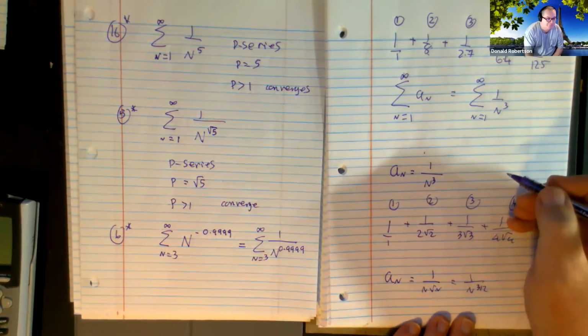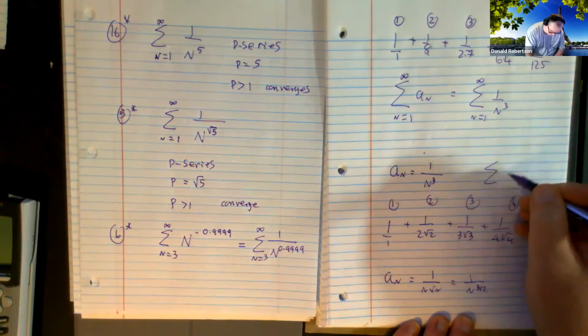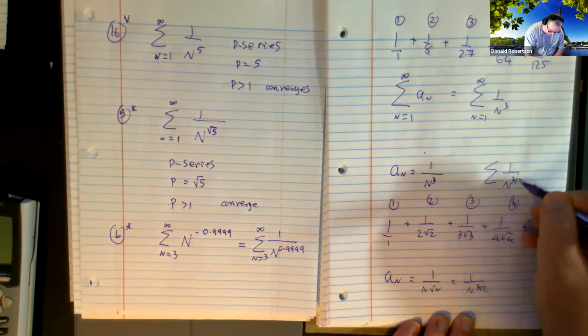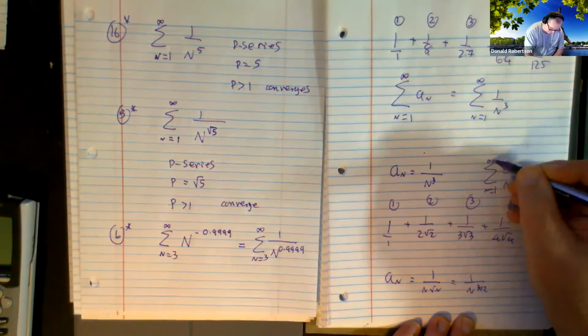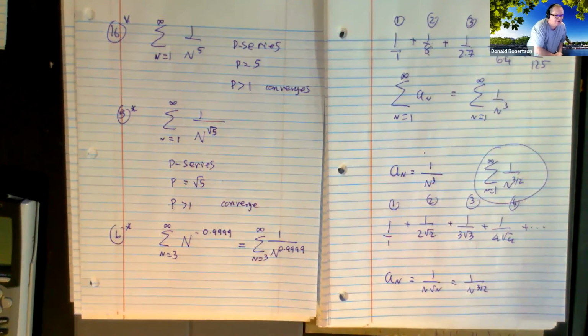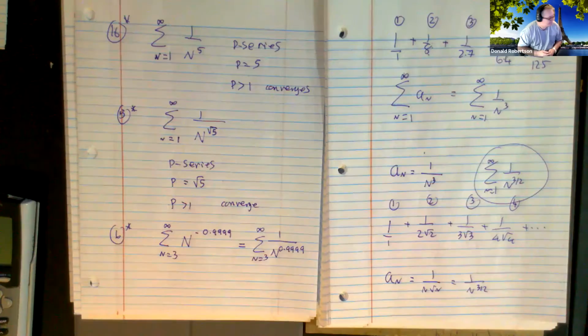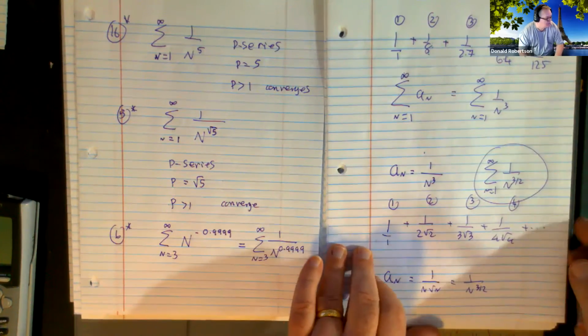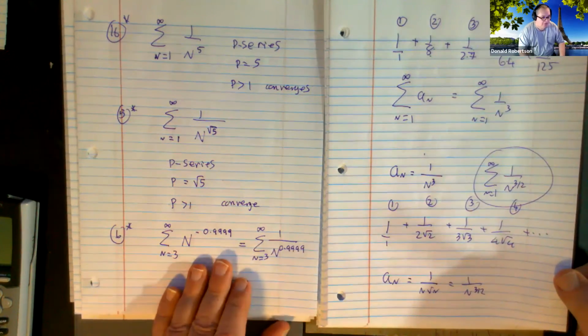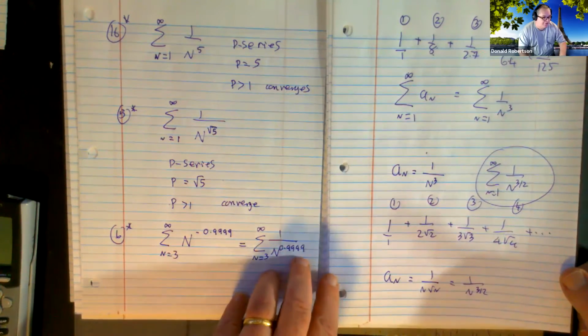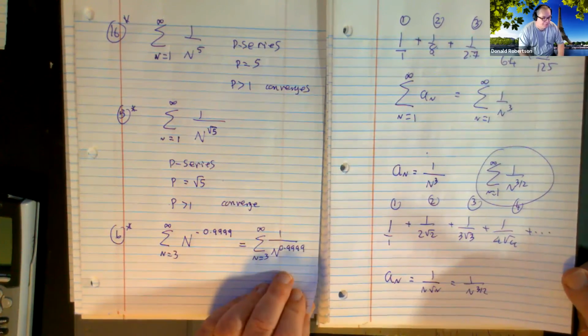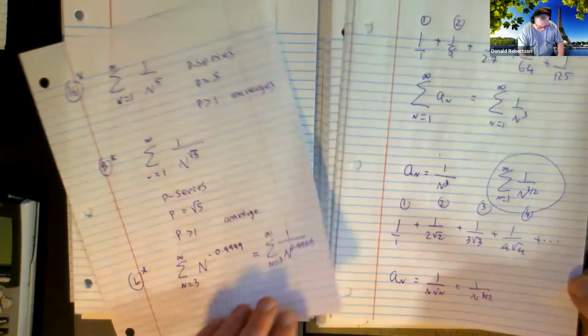Great. So when you stick that into that format, can you see a P-series now? And you're good to go. You like P-series when you can see them, right? If you couldn't see them, couldn't you do pretty much every single one of them using the integral test? It would just take a lot longer.